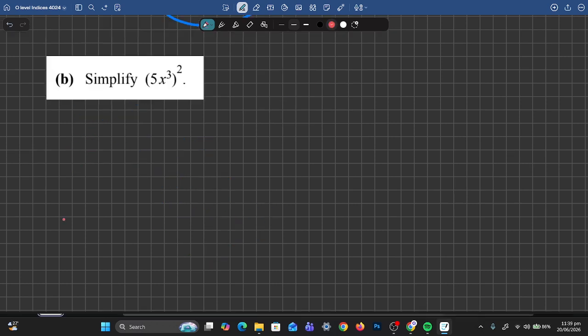Now you can see another example. We can write here (5x cube) whole to the power square. Now we can see that the whole bracket has a power of 2. So this power of 2 will also be applied on 5 and x cube. So this will become 5 square into x to the power cube into 2.